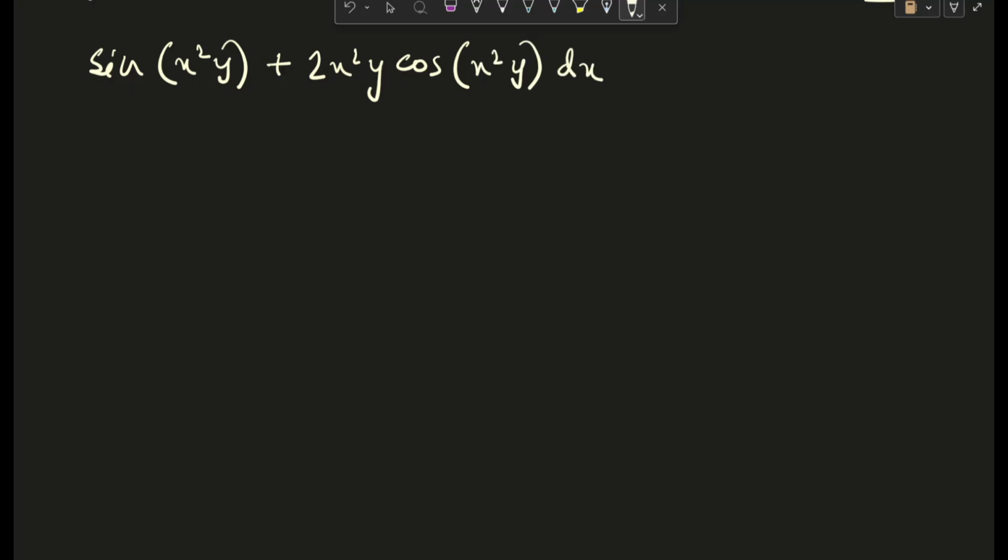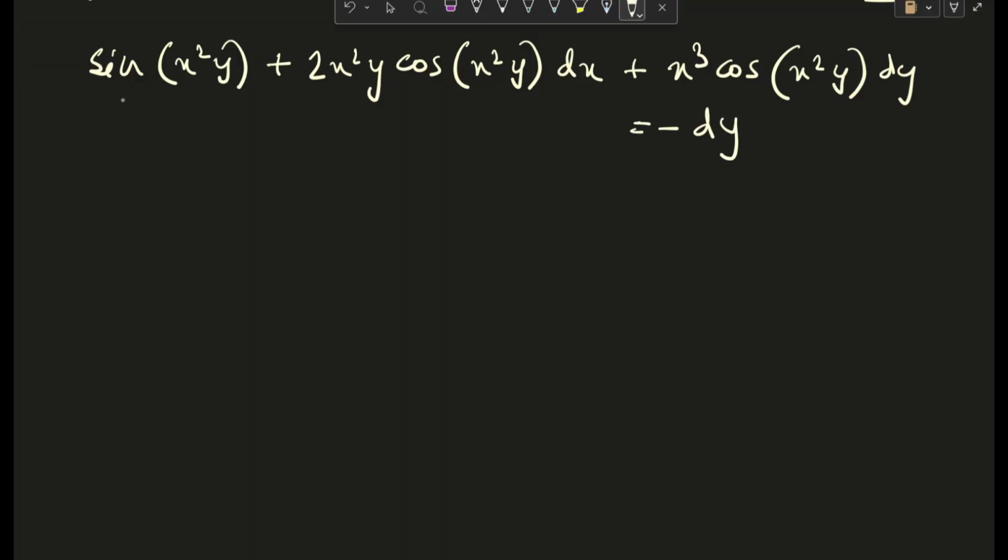So this is sine of x squared y plus 2x squared y cosine x square y dx plus x cube cosine of x square y dy, and this is actually equal to minus dy.